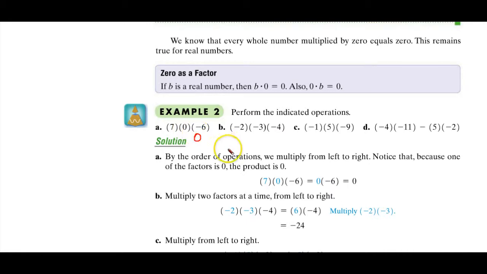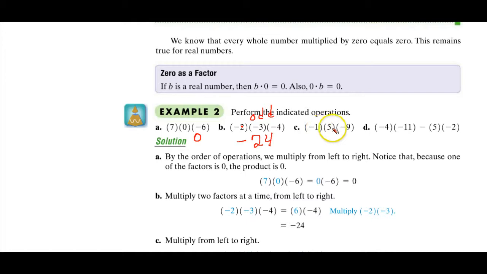So that's going to be a 0. Now here there's no 0, but there are 3 negative signs. So the rule is for an odd number of negative signs, there's 3, the answer is going to be negative. So 2 times 3 is 6, times 4, negative 24.